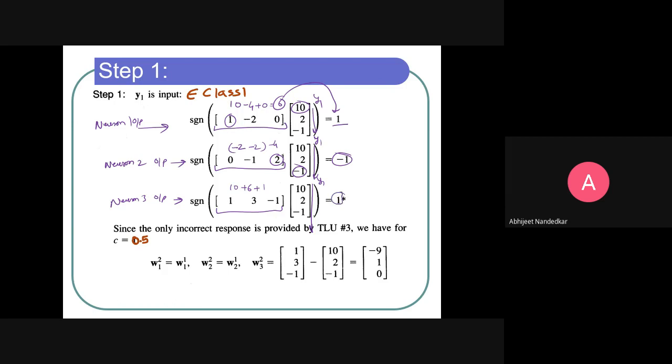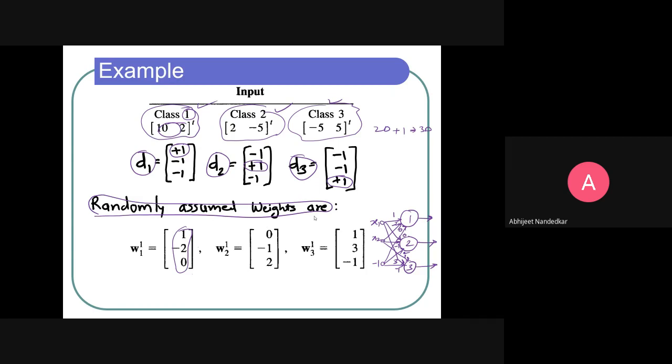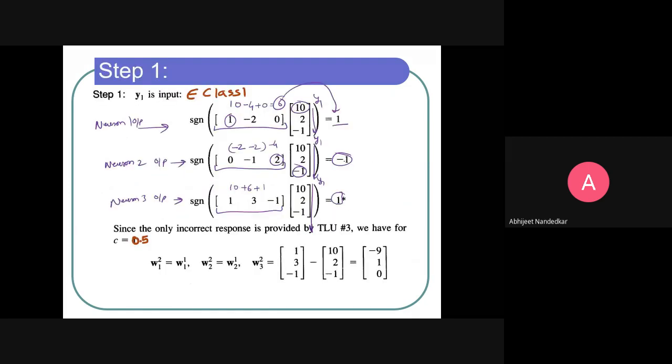But what is the desired response for input number 1? The desired response for input number 1 is plus 1, minus 1, minus 1. What do you obtain? You obtain plus 1 here. This should be minus 1. This should be minus 1.